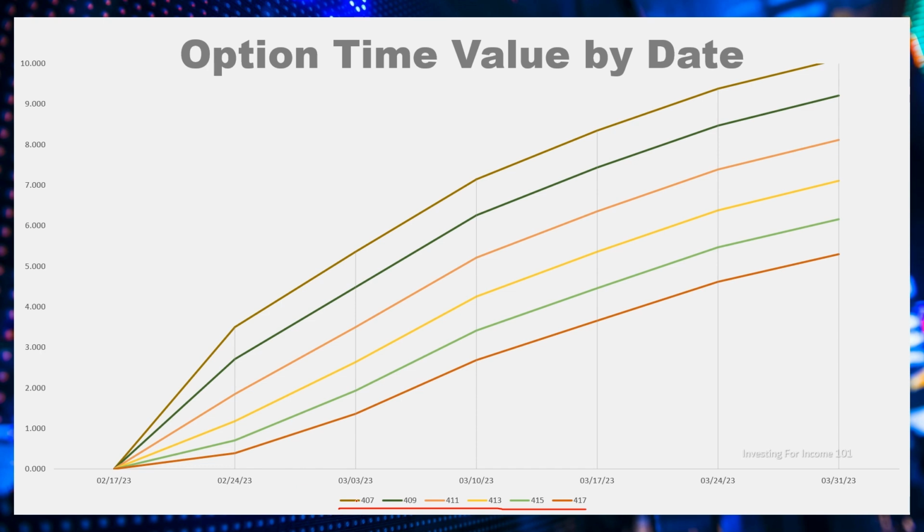All right. So the highest line here, that's the at the money strike price, 407. And that would be here. And you can see it kind of follows, again, this is roughly the parabolic curve that we expect for at the money options.